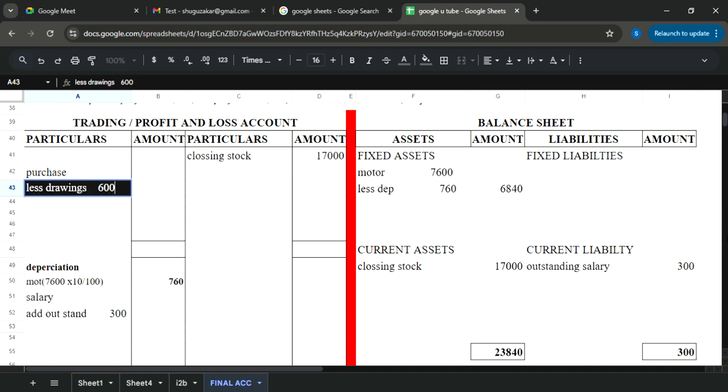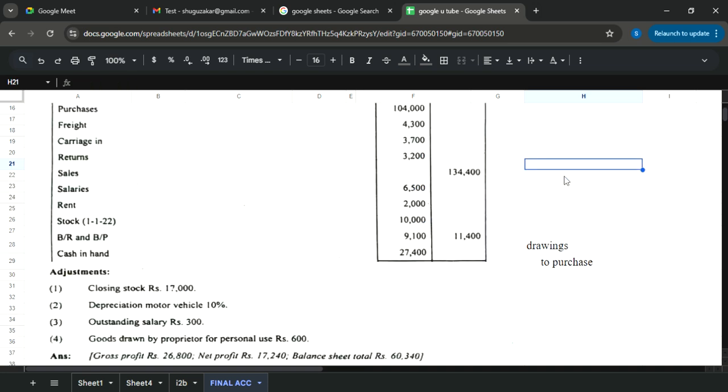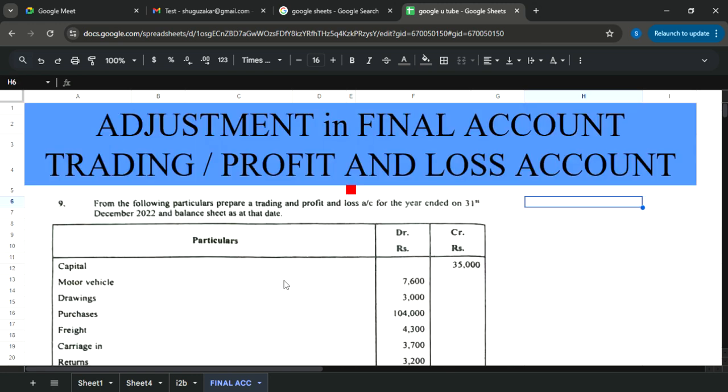First effect is completed. Next you will go to the liability side, and here capital, as you know that drawings would be subtracted from here. Amount of drawings 600. All adjustments are completed. Their dual effects we have written.